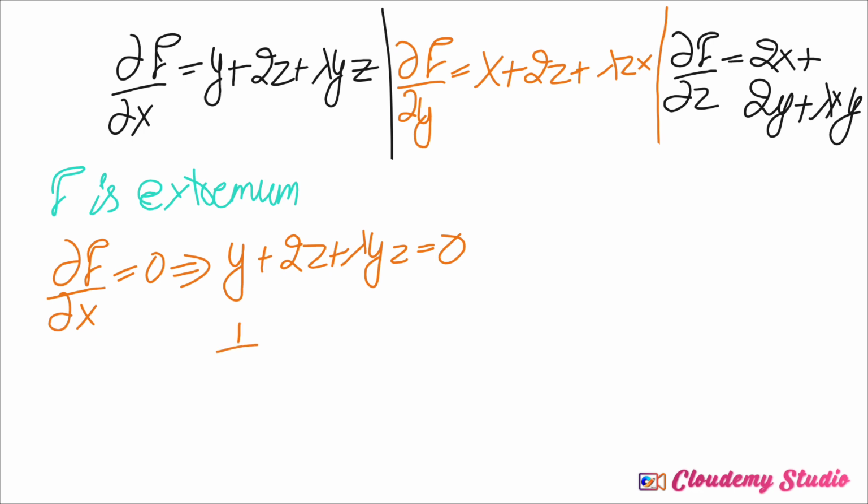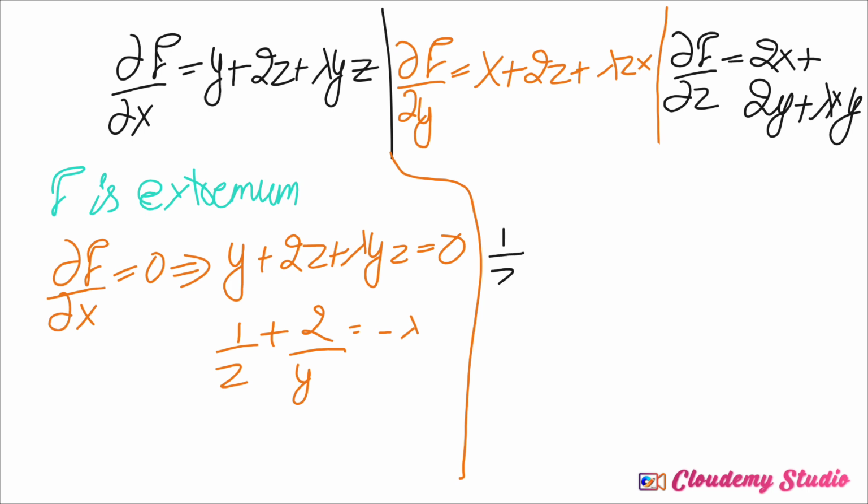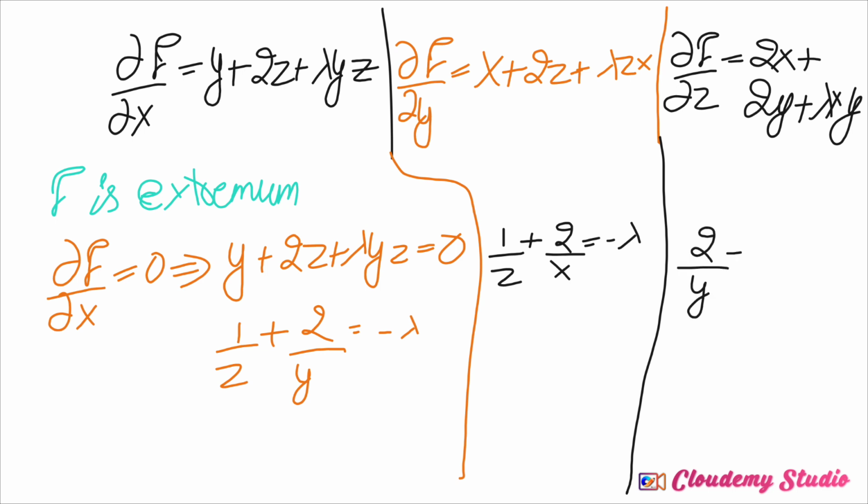So this will be 1 over z plus 2 over y equals minus lambda. And from here we'll have 1 over z plus 2 over x equals minus lambda. Then it is 2 over this, minus lambda.